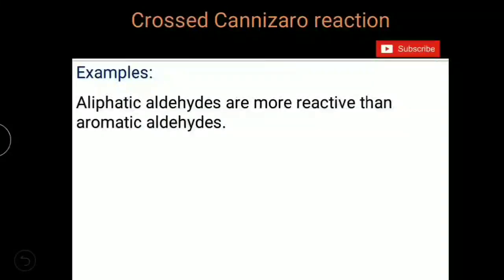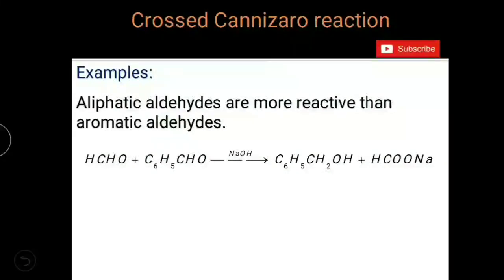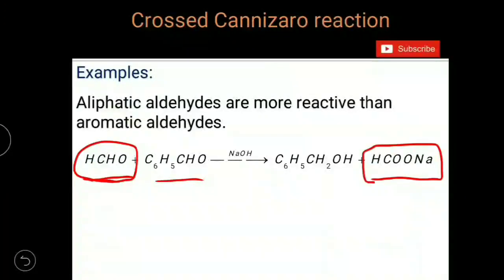So when you have formaldehyde and benzaldehyde mixture reacts with strong base NaOH, as formaldehyde is more reactive than benzaldehyde, formaldehyde will be converted into its salt of acid, sodium salt of formic acid, and benzaldehyde, as it is less reactive, it will be converted into alcohol, benzyl alcohol.